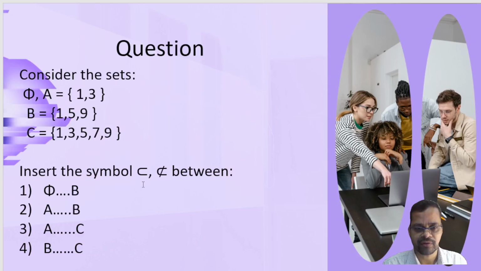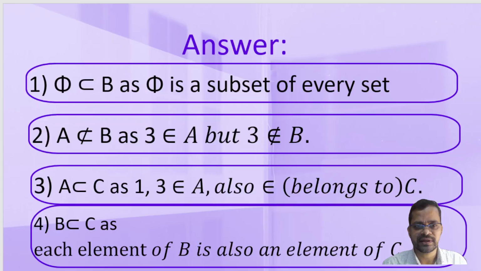Before that, if you remember, this sign is called subset of, and the next sign is called not subset of. So we have to check whether, in the first question, phi is a subset of B. It means we have to find out whether phi is a subset of B or not. Let's solve it.